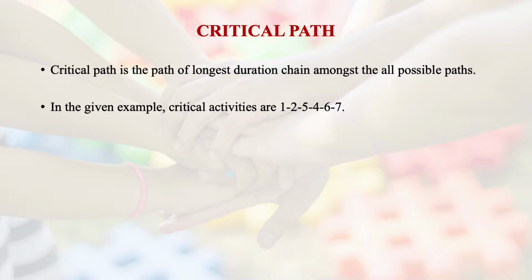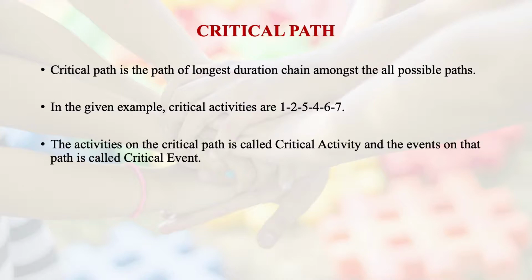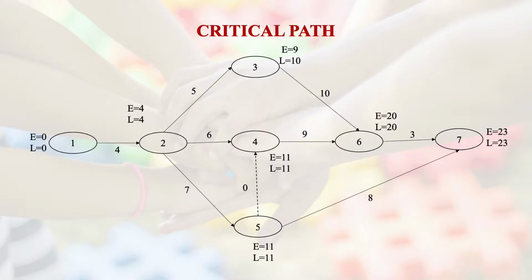So what we have to do is identify the critical activities, and all the events on that path are critical events. The critical activities in the diagram which we have constructed happen to be 1 to 2, 2 to 5, 5 to 4, 4 to 6, and 6 to 7. Now how do we determine that?